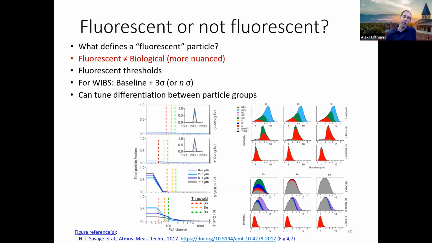And so there are various different strategies to apply to decide whether it's fluorescent or not. And so if you get into this game, I would suggest that you think about these questions and read some of the literature, getting at the answer of how do we know if it's fluorescent or not, and what does that even mean, and how does it play out? So there's one reference at the bottom that you can look at by Savage et al. And there are others. Okay, next slide.